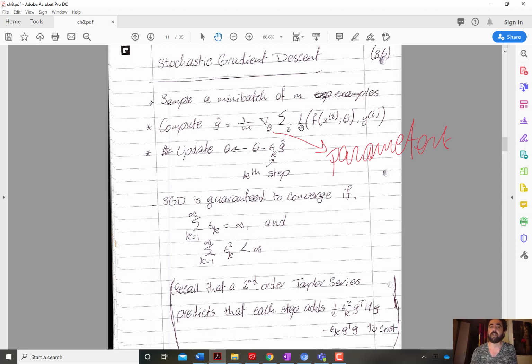So the loss is a function of the computed output units and the given training labels corresponding to the ith example. And it's important here that we are using theta, the current setting of the parameters, to compute the loss, to compute the gradient, right? And then we update the parameters, right?